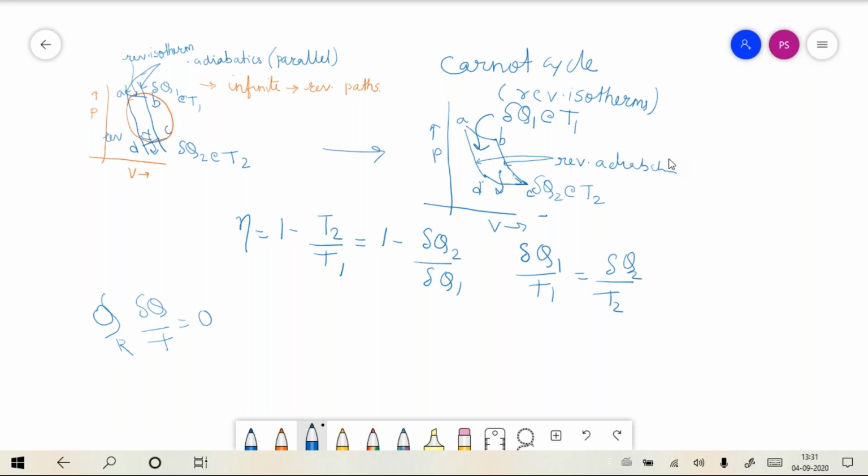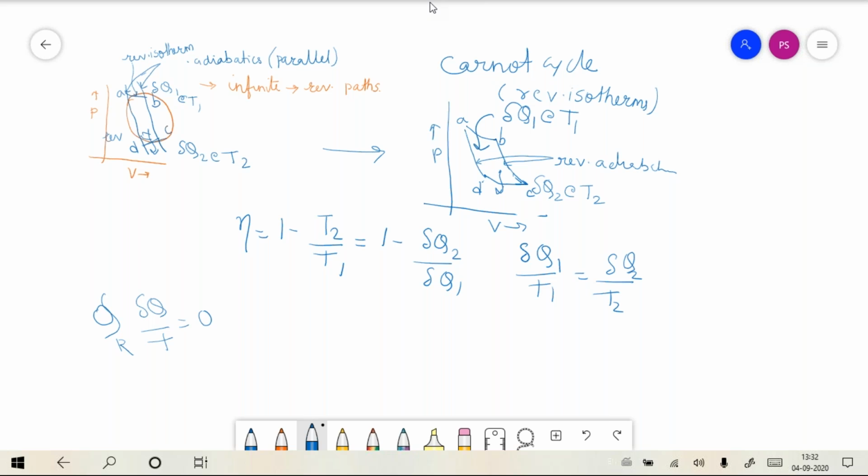So if you slice this actual reversible cycle into an infinite number of pieces, such that the slices include two reversible adiabatics and two reversible isotherms, we can imagine this reversible cycle comprising an infinite number of slices.